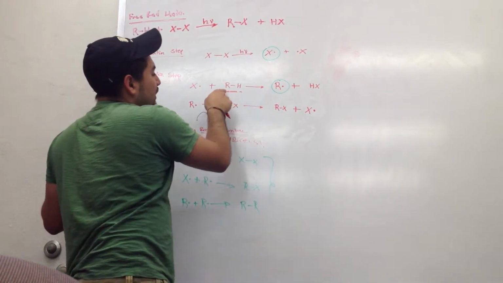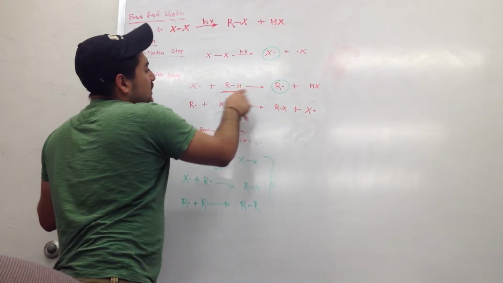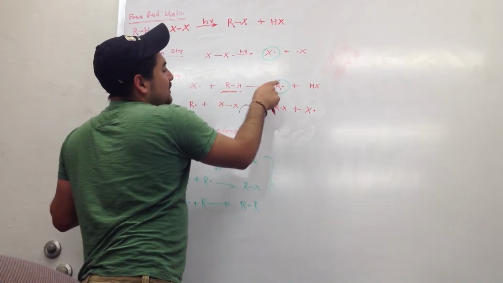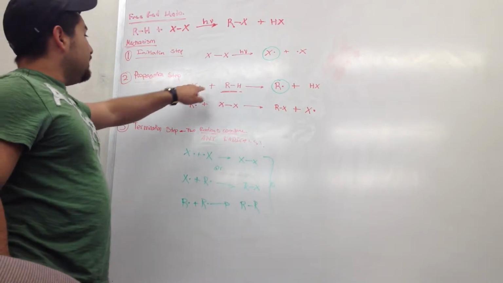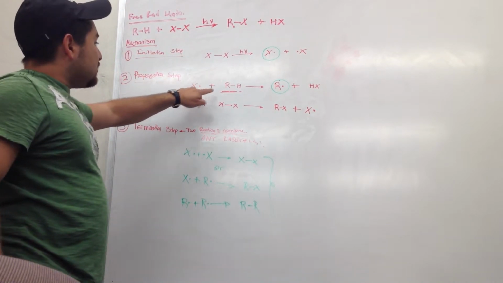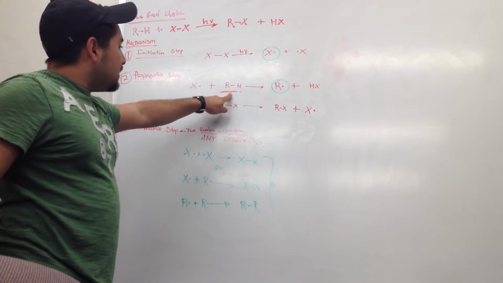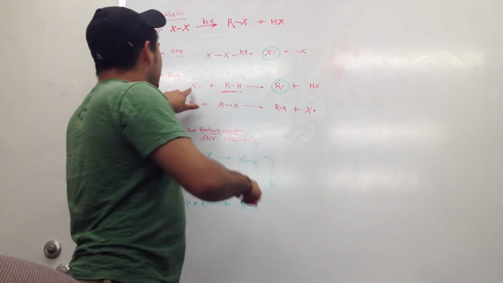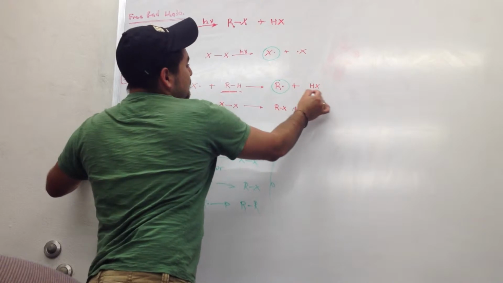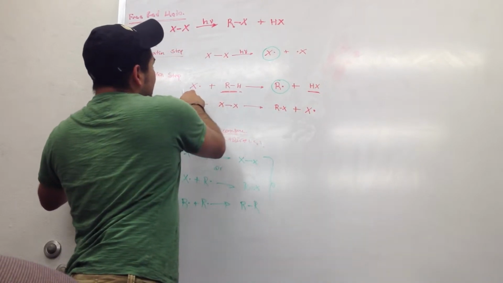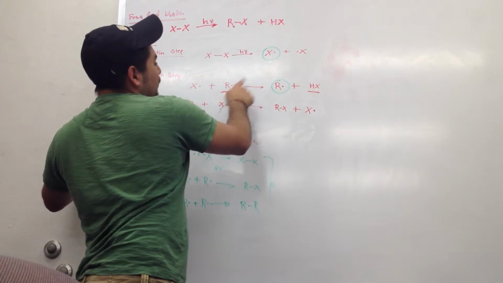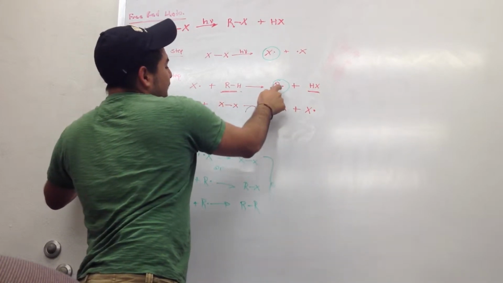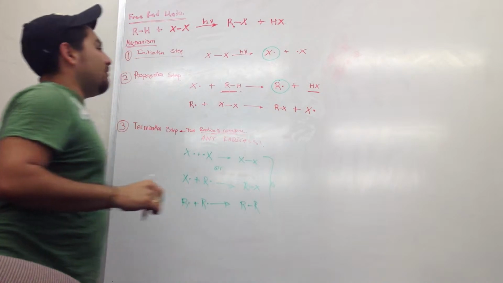The halogen radical crashing into the alkane molecule will generate an acid, and where the hydrogen was abstracted from is going to leave an alkyl radical.